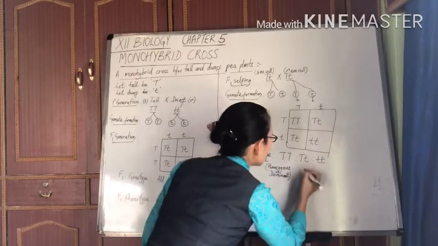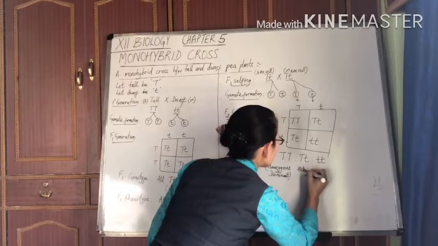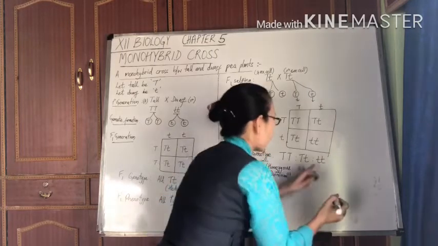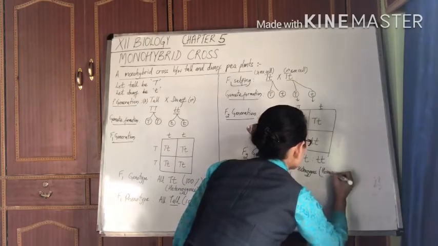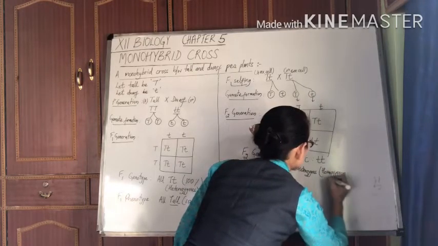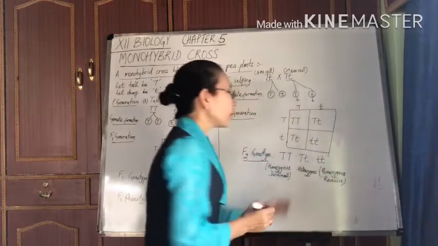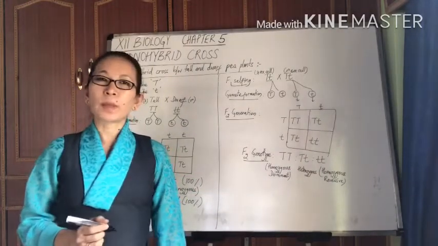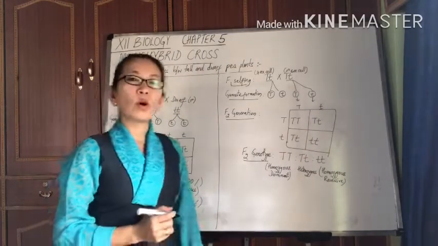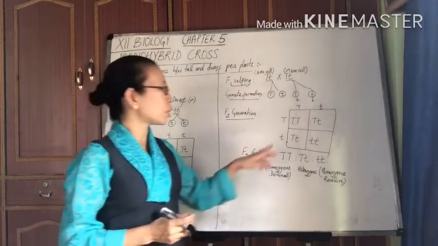Both alleles are dominant. This is heterozygous. And the last one is homozygous recessive. So these are the three types of genotypes in F2 generation. And Punnett square can also be used in order to predict the frequency or the ratio of the genotype.